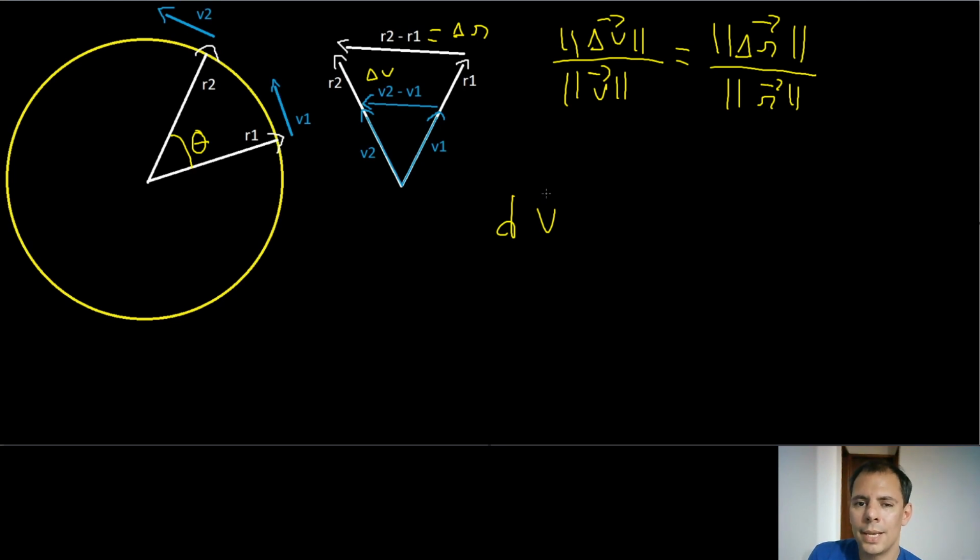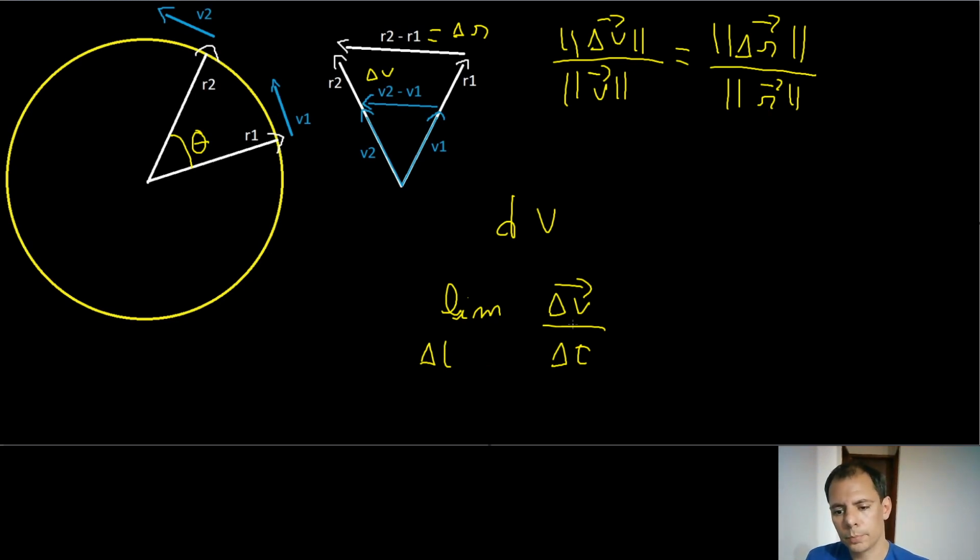Now let's just say that I take the derivative. If you don't remember calculus, the derivative will be the limit of the vector delta v divided by delta t as delta t approaches 0.